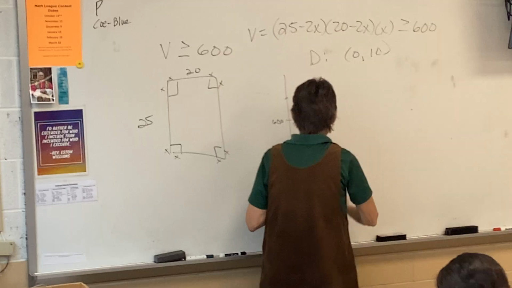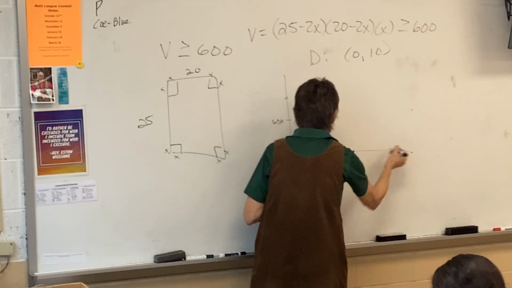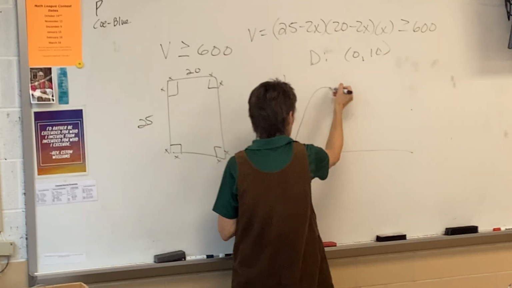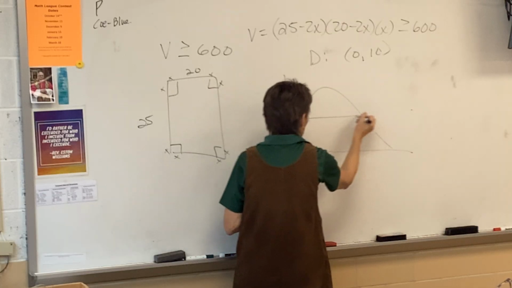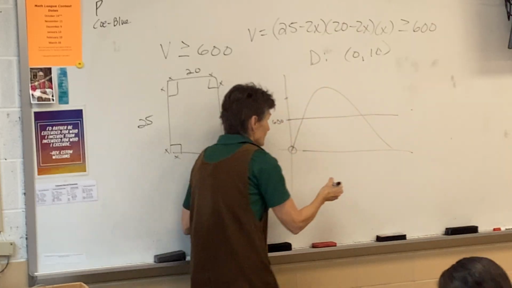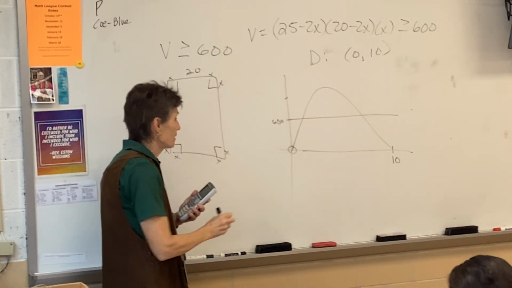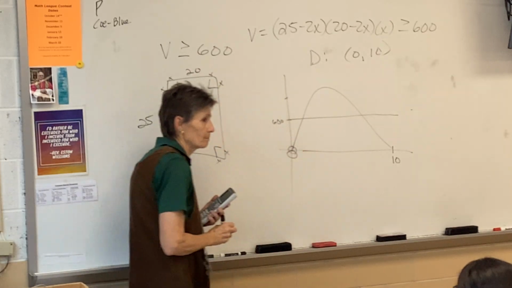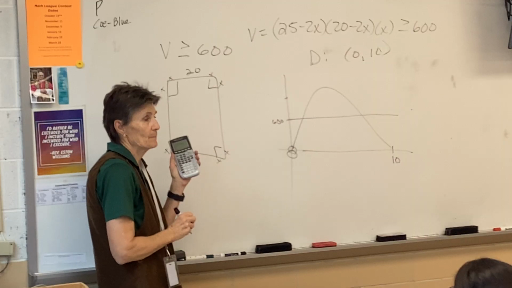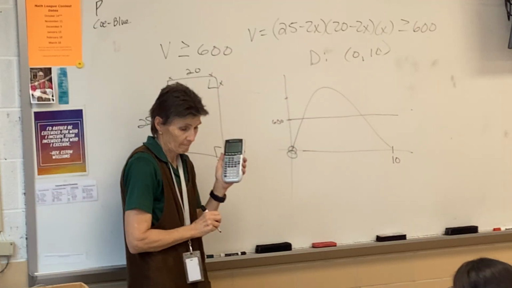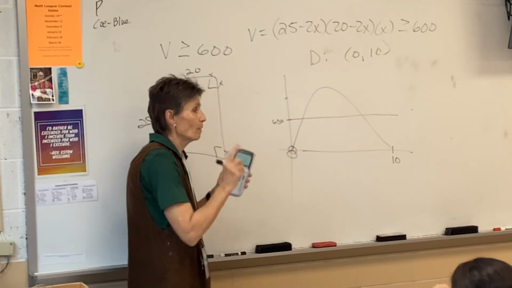Now, I'm going to draw what I actually see. What I actually see is this. This is 10. This is 0.